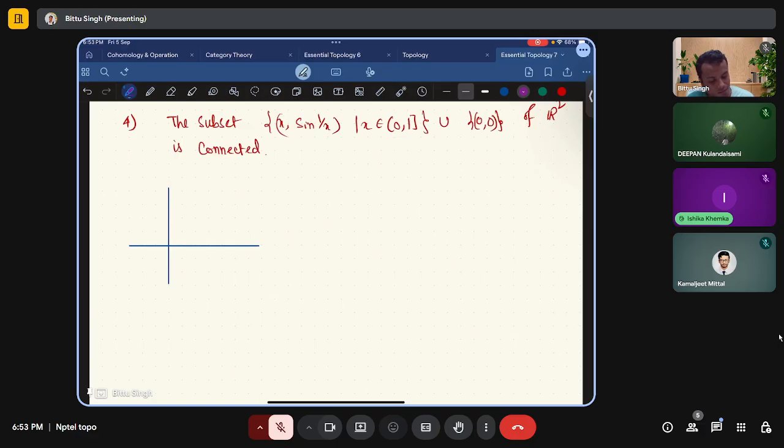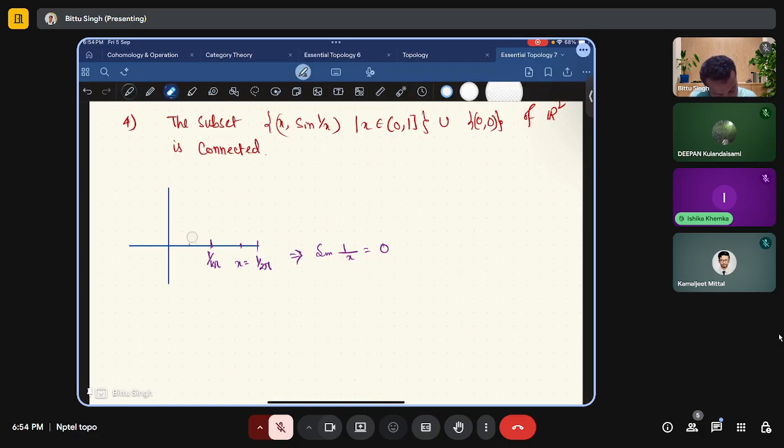For example, when x equals 1/(2 pi), sine 1/x becomes sine 2 pi, which equals 0. Similarly at 1/(k pi) it will be 0: 1/(2 pi), 1/(3 pi), 1/(4 pi), like this. And now it will become more dense.